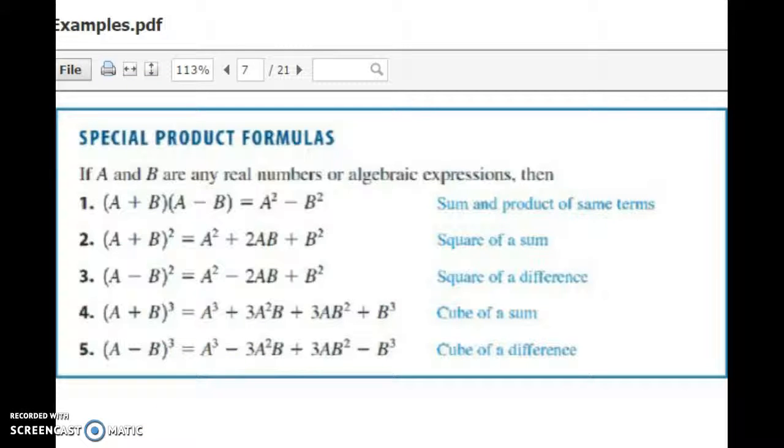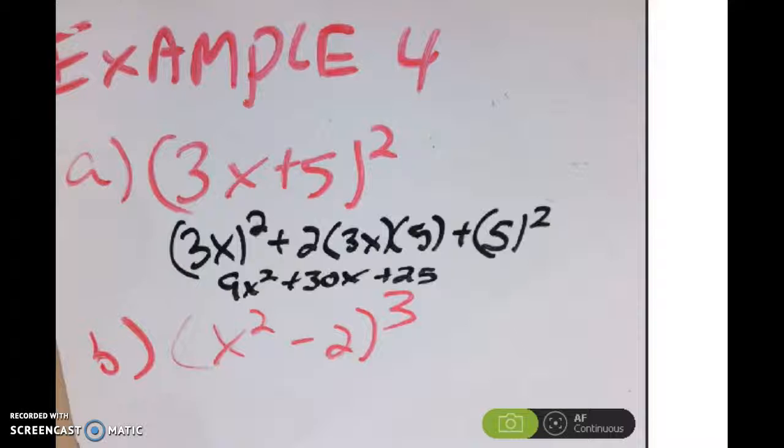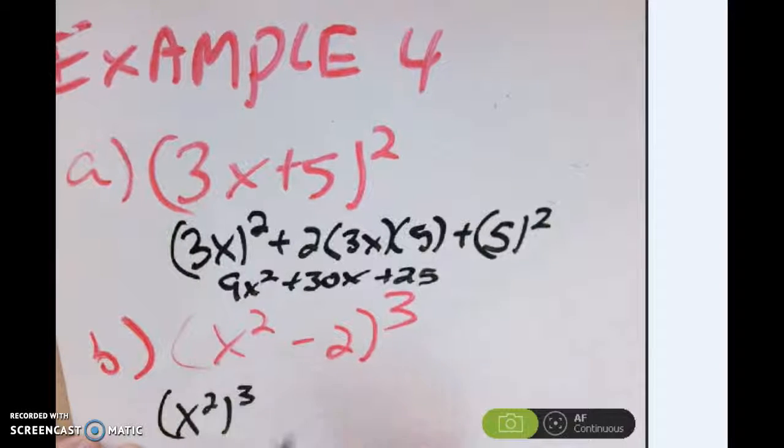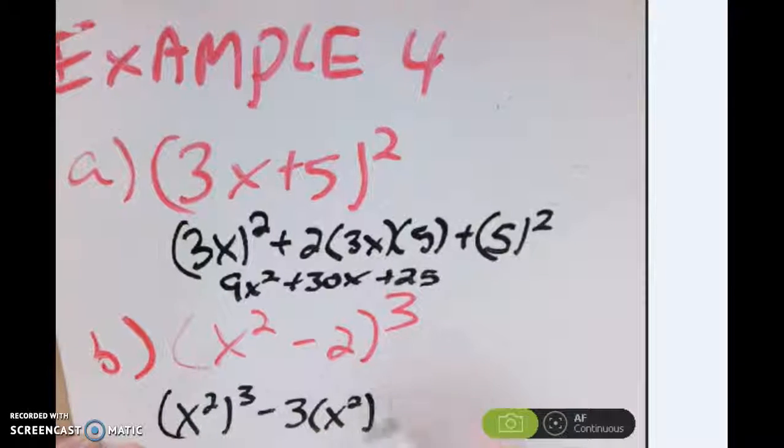But if we just work this problem, x squared is our a value, so we're going to take our x squared to the third minus 3 times our a value, so x squared, times our b value, which is 2.